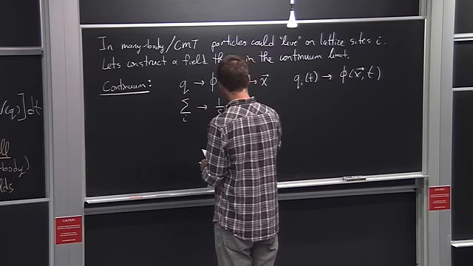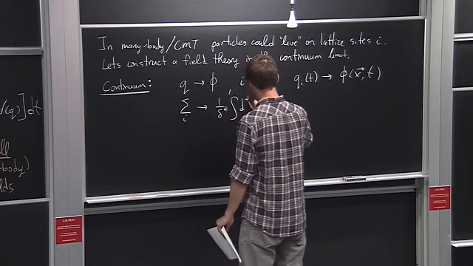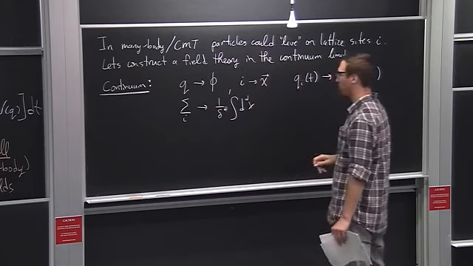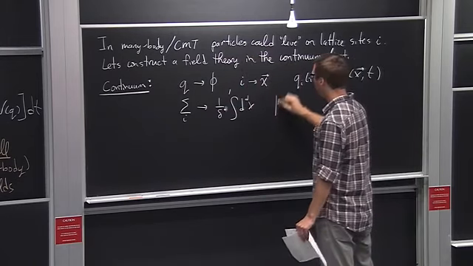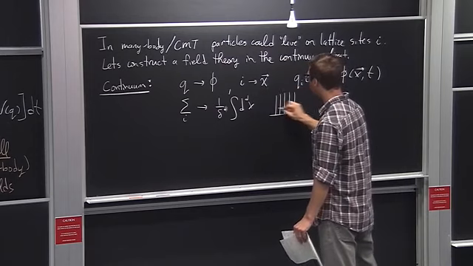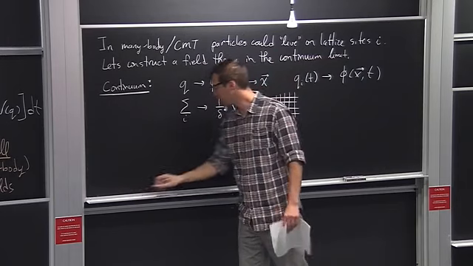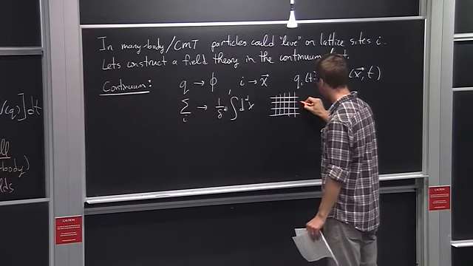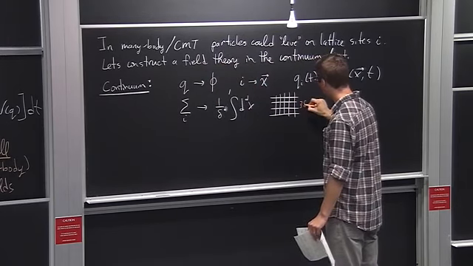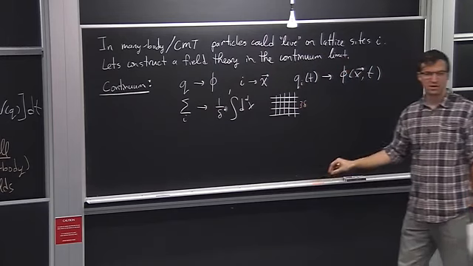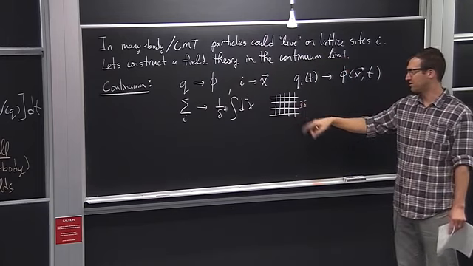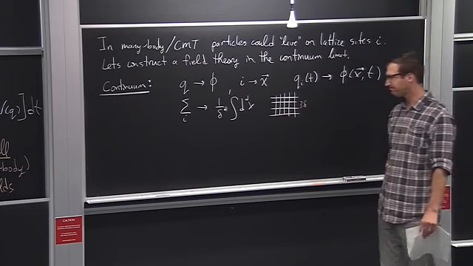So in d dimensions, they look like this. Well, remember, what I've sort of done is imagine taking a lattice that has a lattice spacing delta. Right, so maybe that's xi minus xj or something like that.